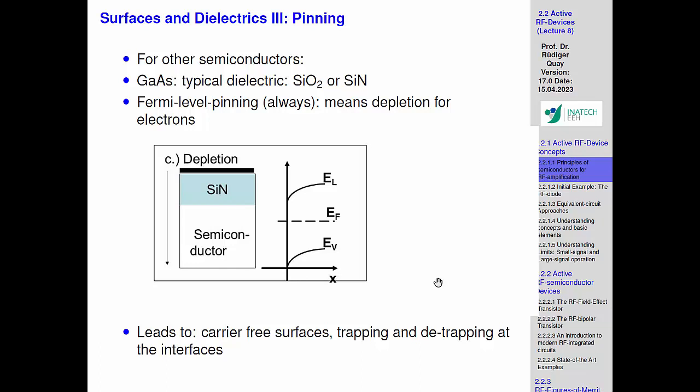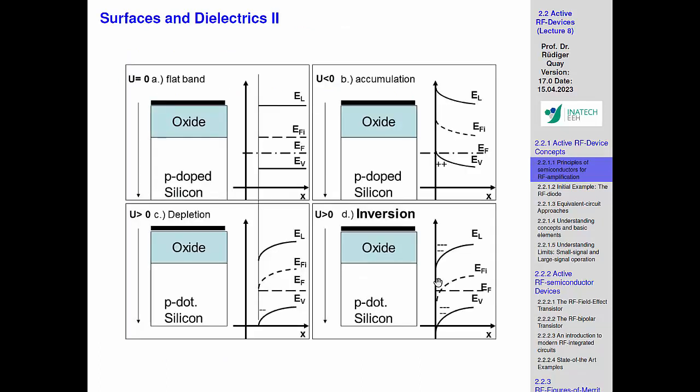So in many semiconductors, the Fermi level at the surface is not flexible. So you cannot really move it up and down, but it's fixed somewhere. And this typically leads to a situation that you just deplete the surface. So no matter what you do with the voltage on top, you don't get it nicely bending up and down. That's really a problem.